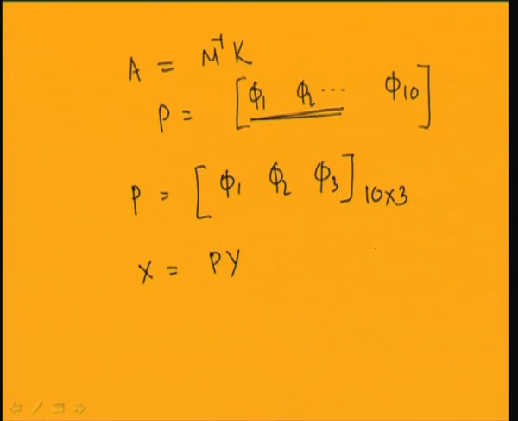So y will be a 3×1 vector. Only the first 3 modes are taken, and I can substitute x equal to P y.